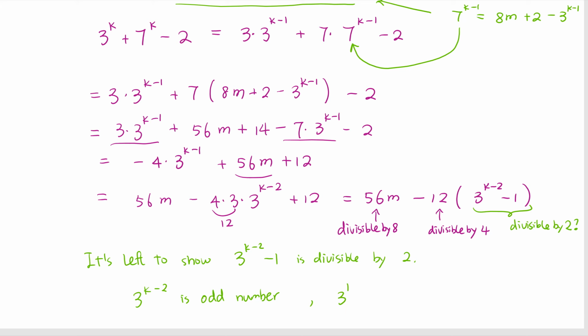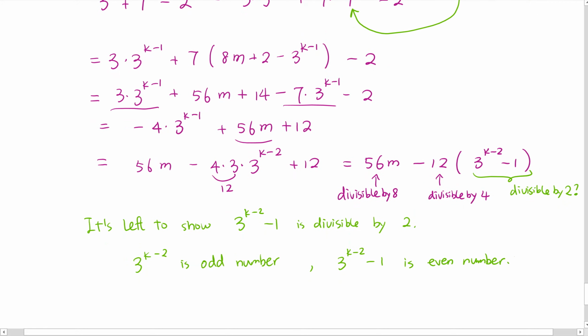Then 3 to the k minus 2 minus 1 is an even number, so it is divisible by 2. Since it's divisible by 2, the whole thing here is divisible by 8. Now we have completed the proof.